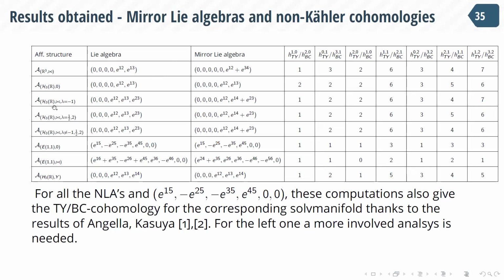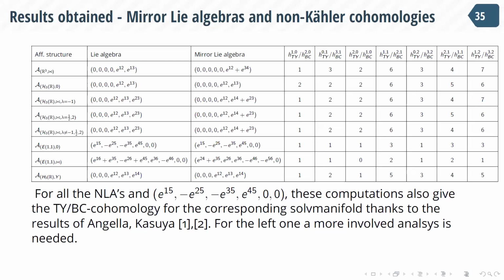Moreover, for the third, fourth, and fifth example, we had a family of affine structures that depends on a real parameter lambda. And we have three different possible mirrors.